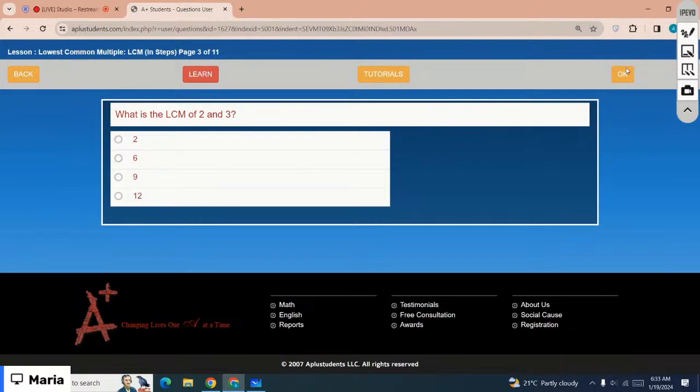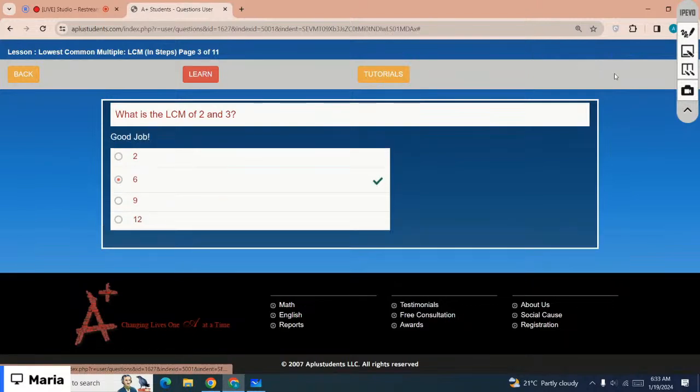So you need to multiply the numbers, 3 times 2, so the LCM of both the numbers is 6. Keep this very important point in your mind: if one of the numbers is prime, they do not have any common multiple, so simply find the product of both the numbers. 2 times 3 is 6 because 3 is prime. So 6 is the LCM. Got it?